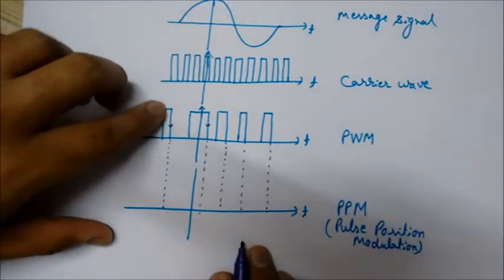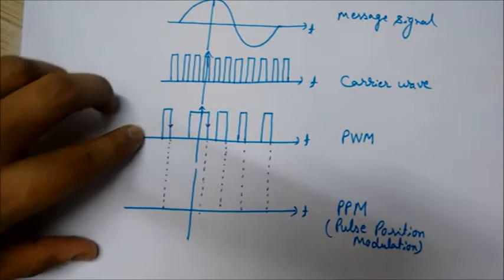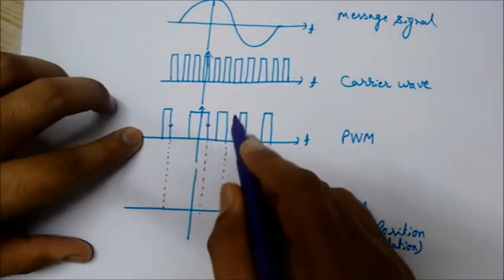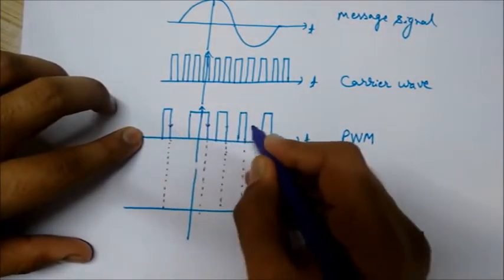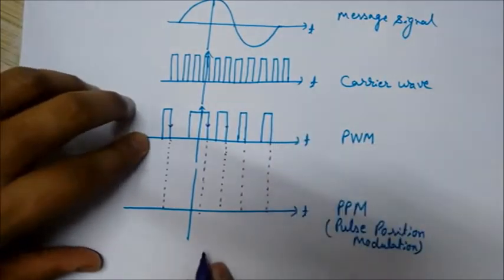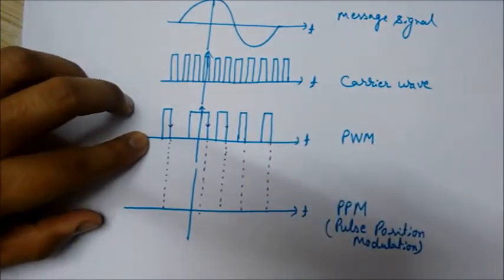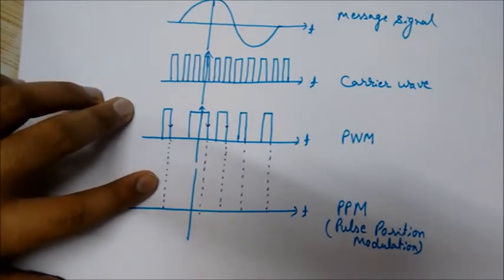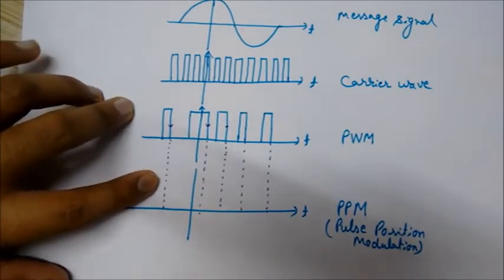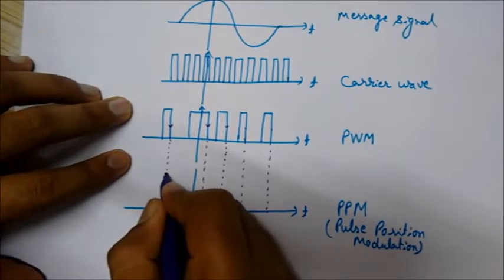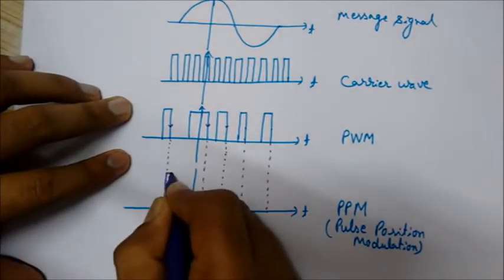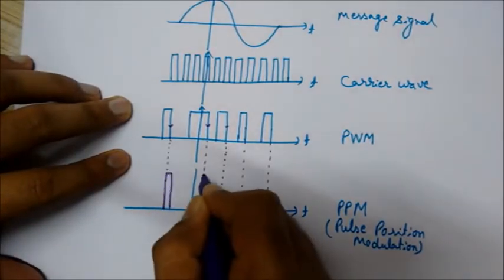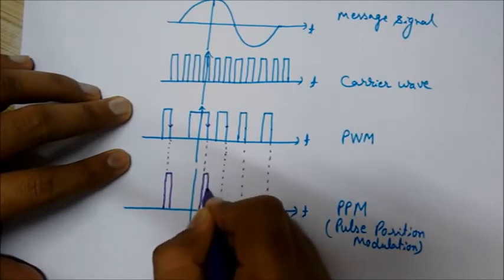This trailing edge of the PWM would be the starting point or the beginning point of the PPM. It means that this will be the beginning of the pulse of PPM.